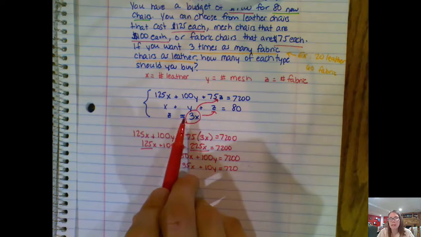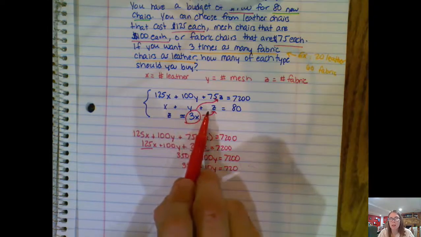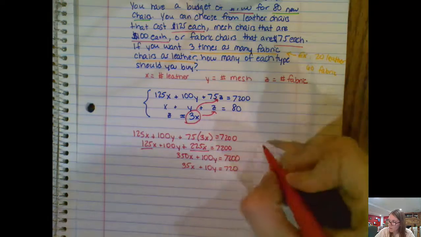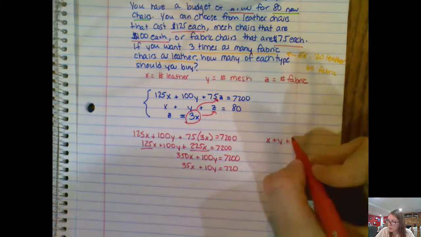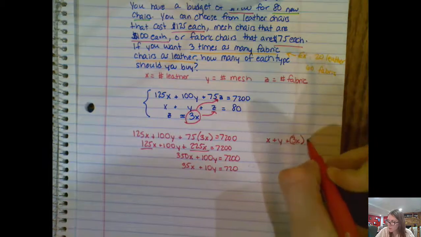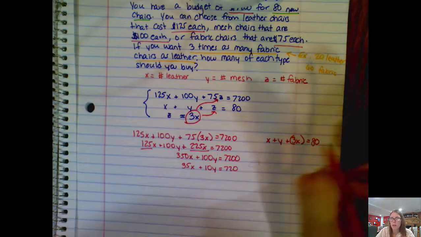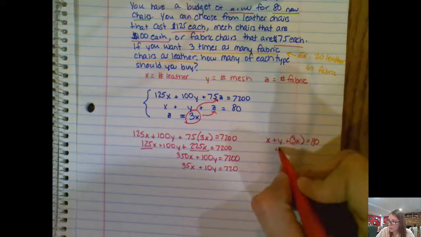Now substitute this z equals 3x into my middle equation. x plus y plus, but instead of z, I'm going to use 3x, equals 80. x plus 3x is 4x.